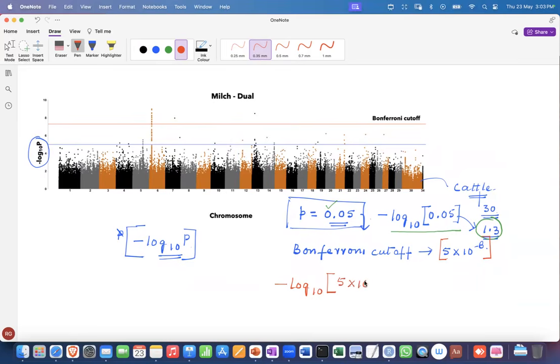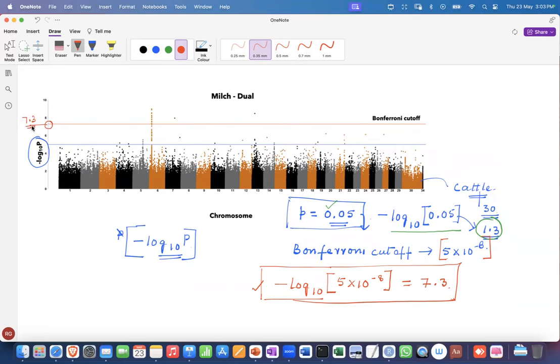Whoever wants to work in genomics, these two values, 1.3 and this value of 7.3, should be remembered. So the value corresponding to this particular place here is 7.3.